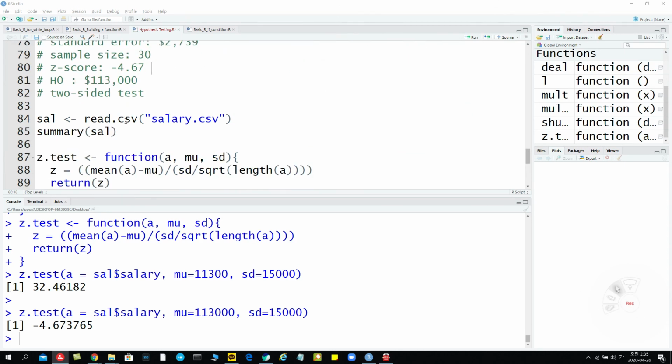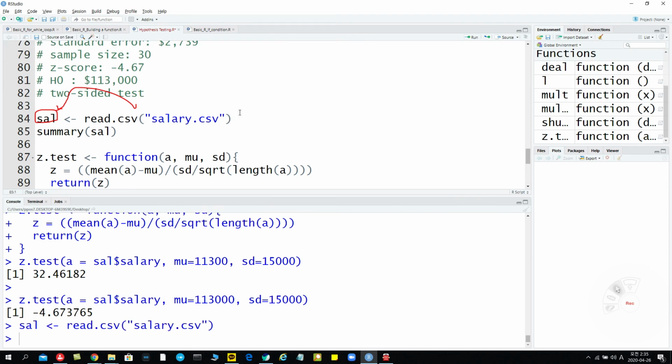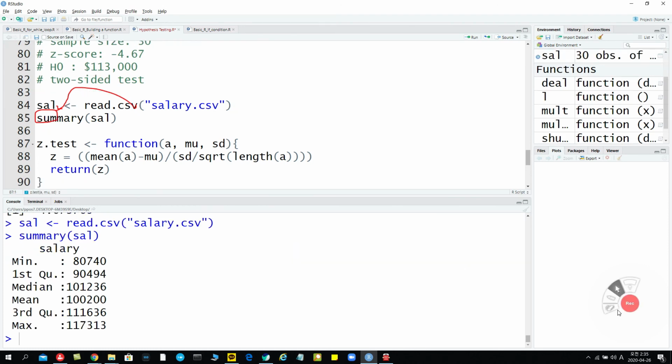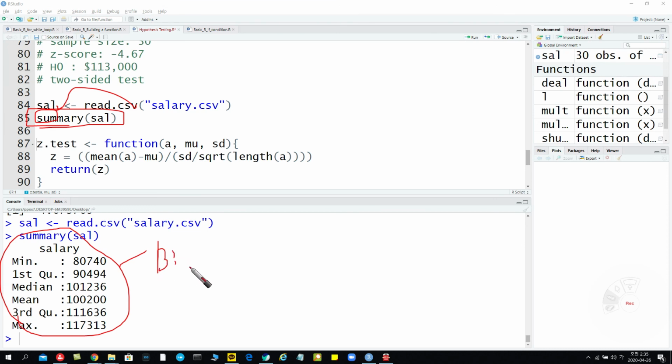Please open this file, salary.csv, and look at the variable. If you type the summary function, you can get the big 5: minimum and maximum, first quartile, median, third quartile, and the mean.